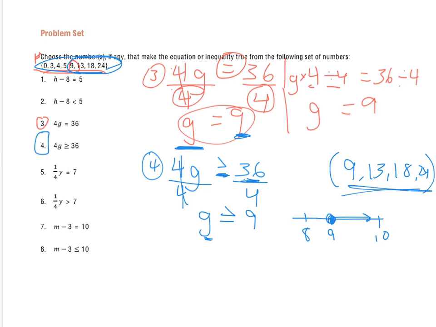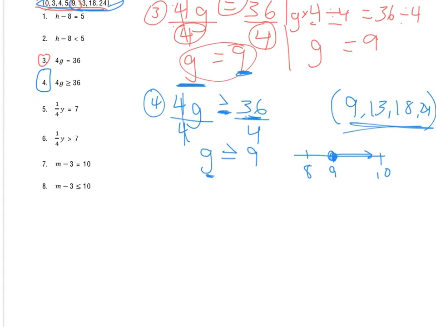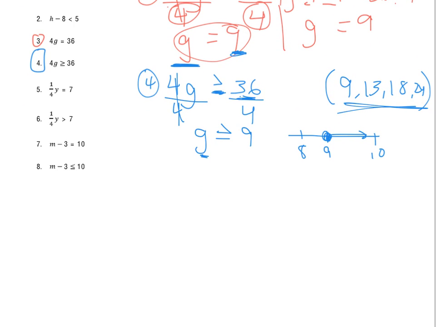So now we'll take a look down at the number 5, and this one I'll do a diagram for, so we can show a couple different ways. So 1/4 y, or 1/4 times y, equals 7. Now, I could solve this algebraically, and I'll start with that, but I'll also show the model.